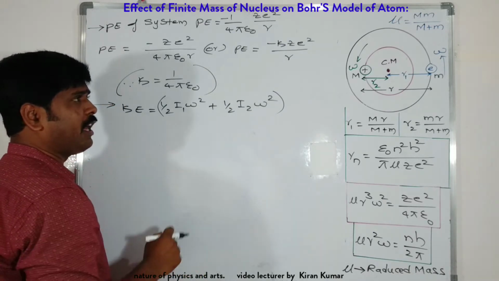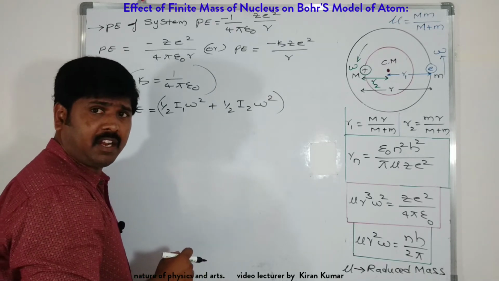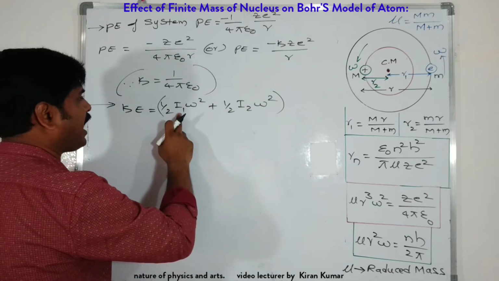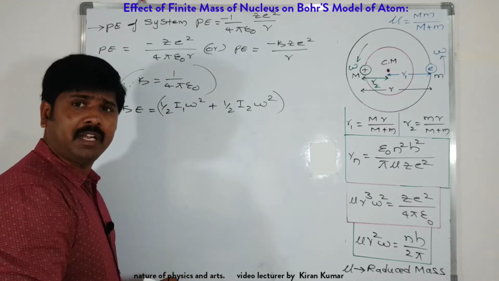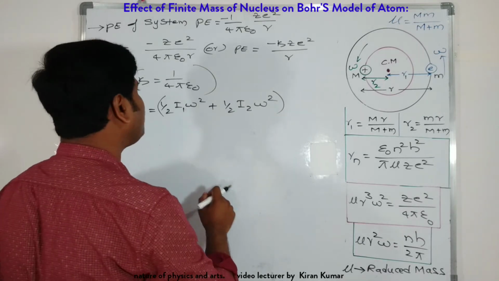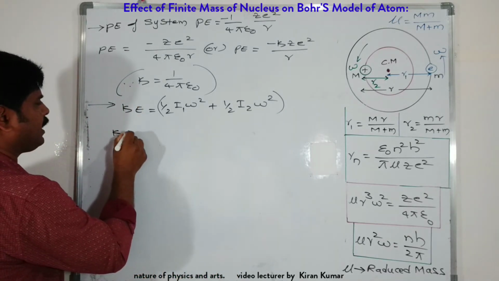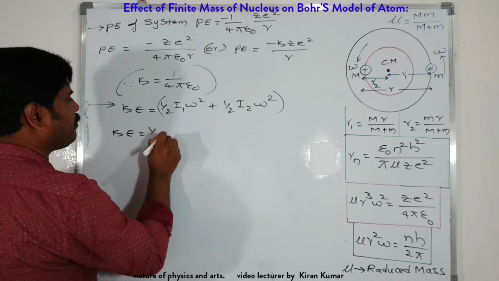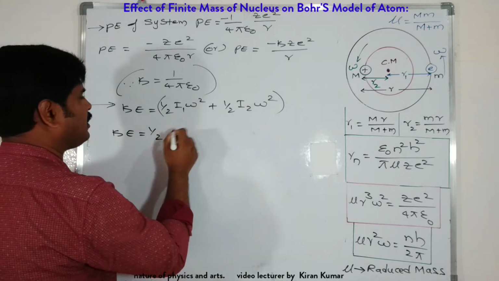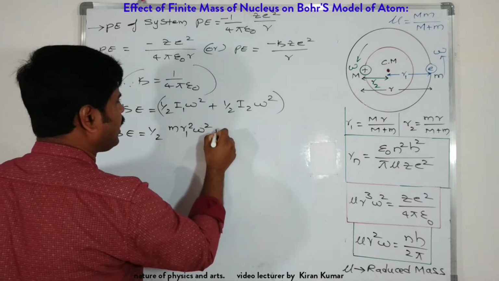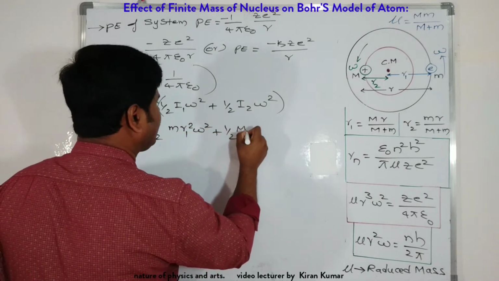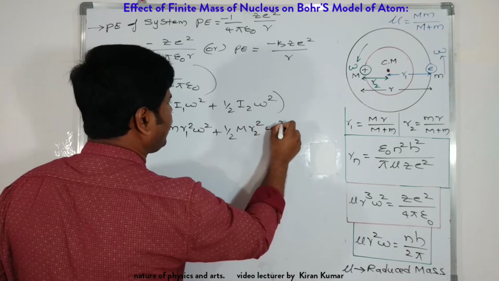Both are moving around the common center of mass. That's why I1 is the moment of inertia of the electron and I2 is the moment of inertia of the nucleus. So kinetic energy is equal to 1 by 2 I1, that is small m r1 square omega square, plus 1 by 2 capital M r2 square omega square.